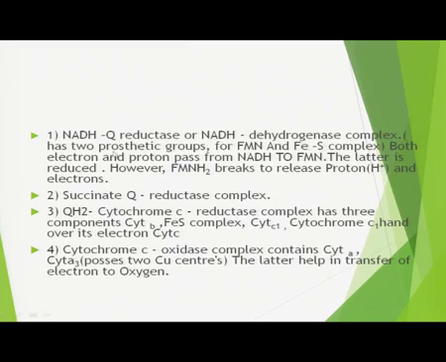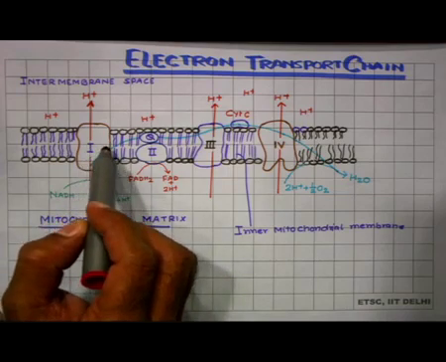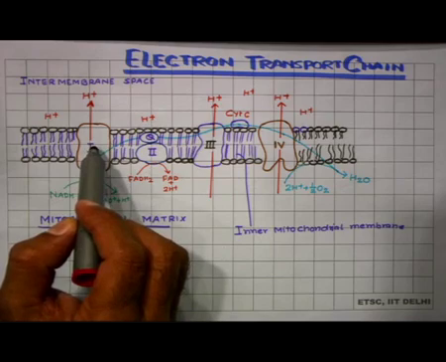It has 2 prosthetic groups, that is FMN (flavin mononucleotide) and the FeS complex. Both electron and proton pass from the NADH to FMN. This complex, which is called NADH Q reductase or NADH dehydrogenase complex, transfers the electron.